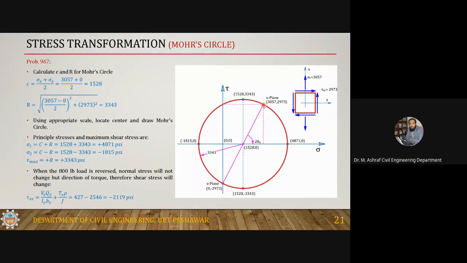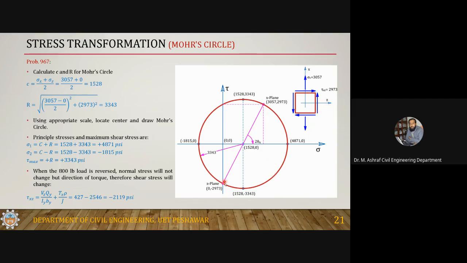If you join this point with this one and extend it, it should intersect exactly at the point where the normal is 0, because we know that on the y axis the normal is 0.